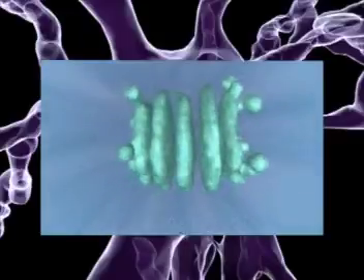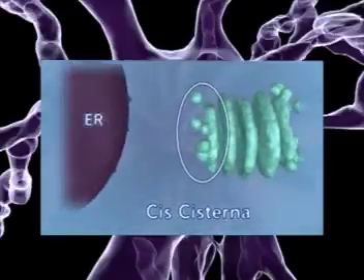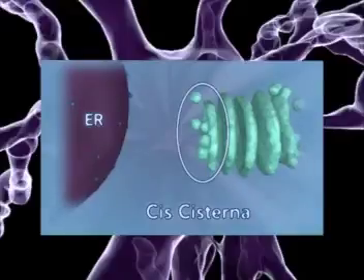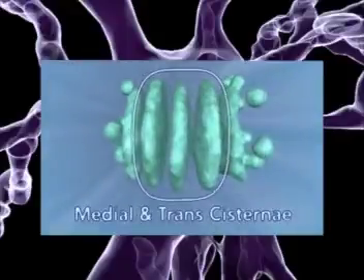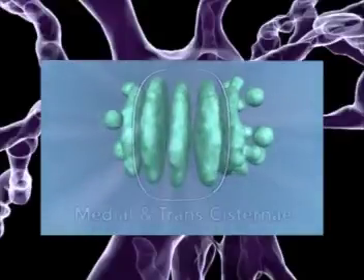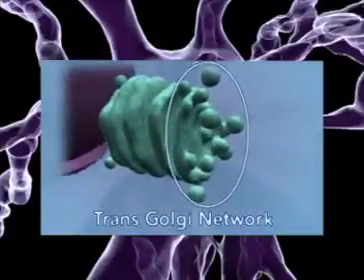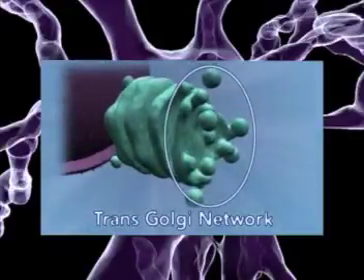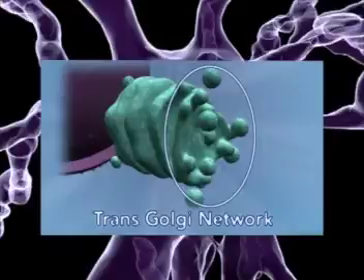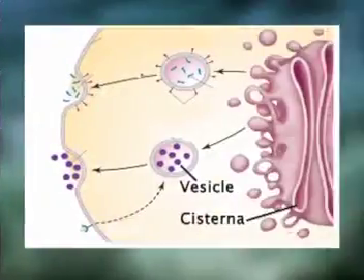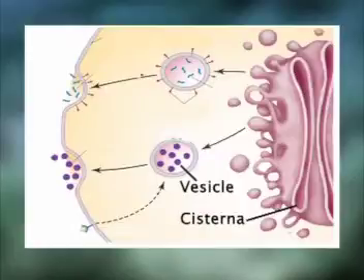Consequently, the cis face is found near the endoplasmic reticulum, from where most of the material it receives comes, and the trans face is positioned near the plasma membrane of the cell, to where many of the substances it modifies are shipped.